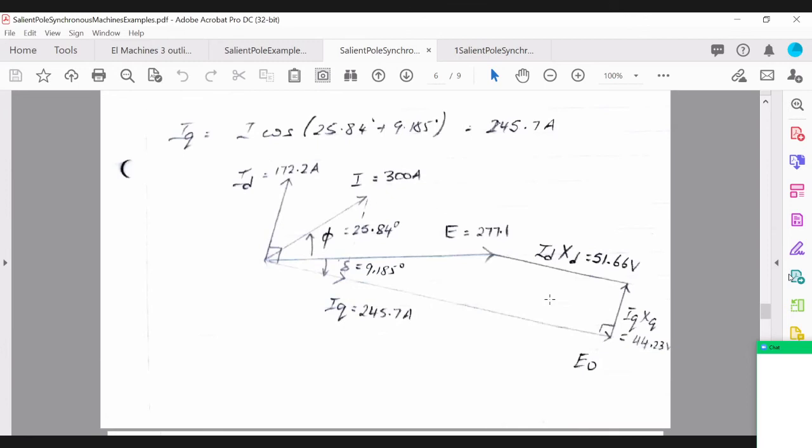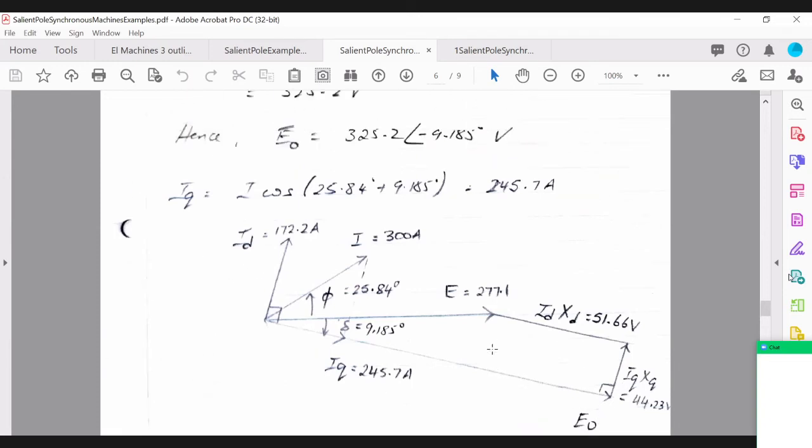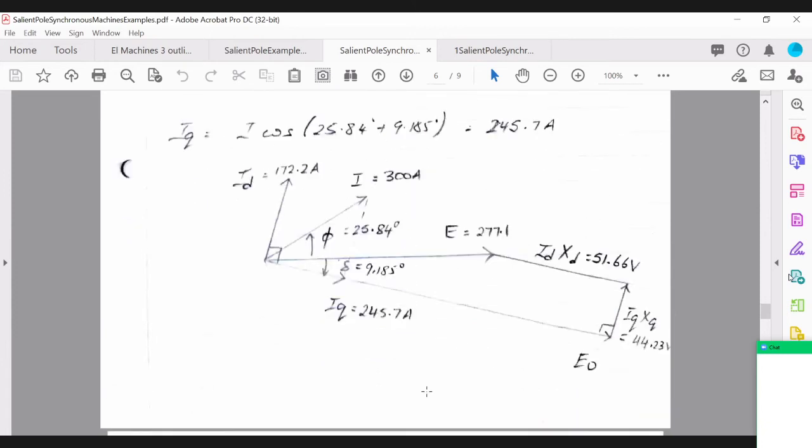Right, so drawing the phasor diagram, I've worked out those two phasors, which is IDXD and IQXQ. So when you start from the terminal voltage, minus IDXD minus IQXQ, you get E naught, which is what we've worked out here, right, 325.2.